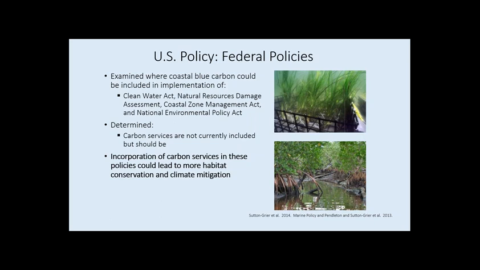So that if we were to incorporate that, you might see that mitigation ratios needed to be something more like 20-to-1 or 50-to-1. So again, this could lead to differences in the outcome of policies, possibly more conservation if we were to consider carbon services when we implement these kinds of policies.